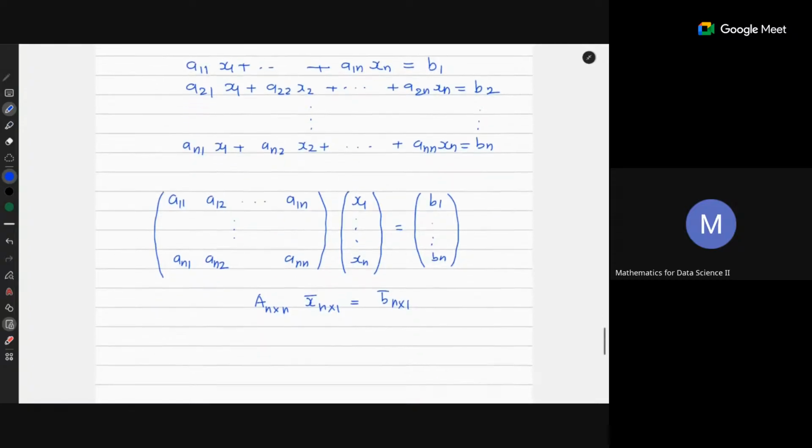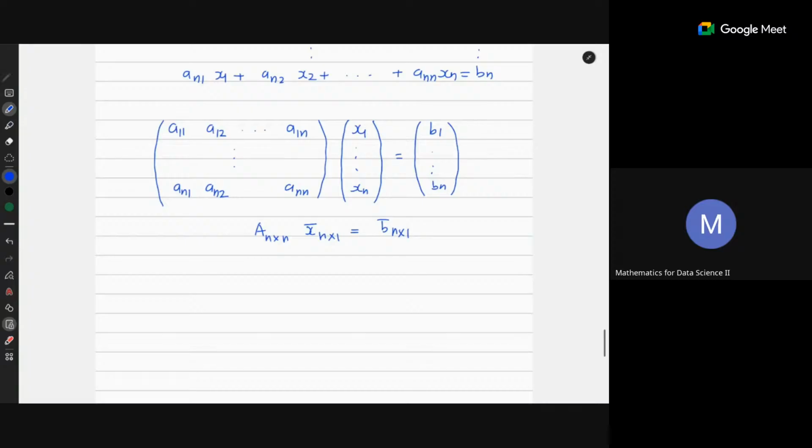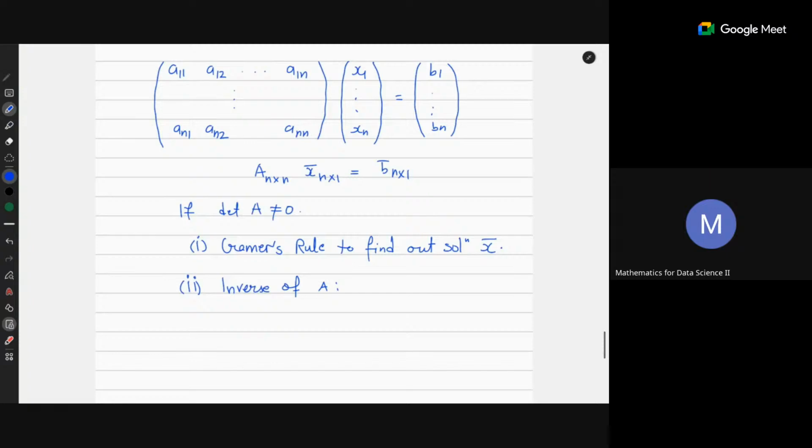Now, if the determinant of A is non-zero, then you can either use Cramer's rule to find the solution, which we discussed earlier, to find the solution x bar, or you can use the inverse of A.